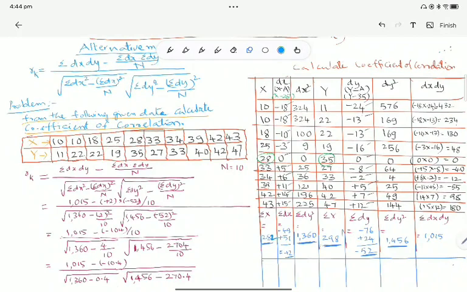Sigma dy is minus 52, sigma dy square is 1456, and sigma dx dy is equal to 1015. These values you substitute in the formula.